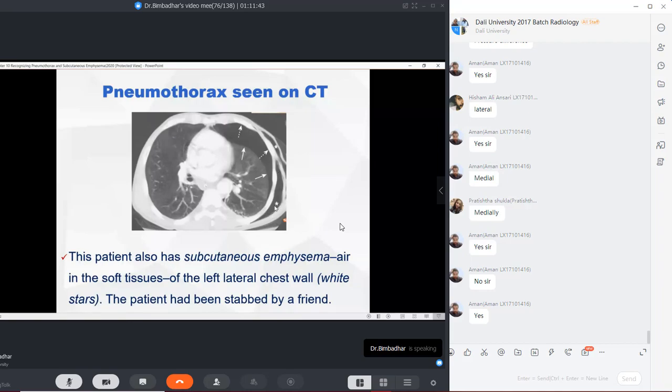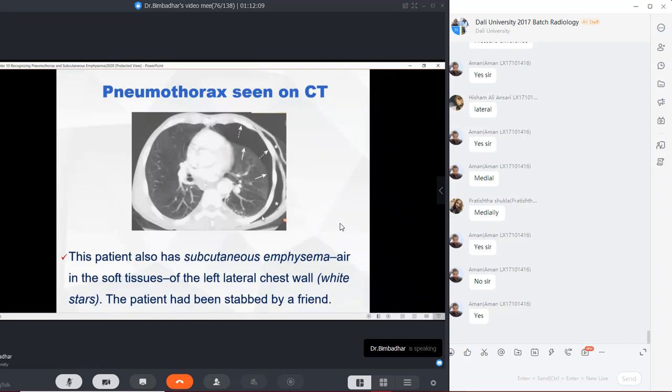Remember, if there is an escape of air under the subcutaneous tissues, under the muscles, under the fascia, or under the skin, it is actually called subcutaneous emphysema. So this is another radiographic feature of a pneumothorax.